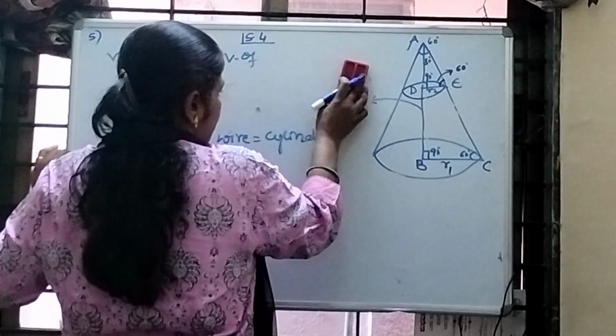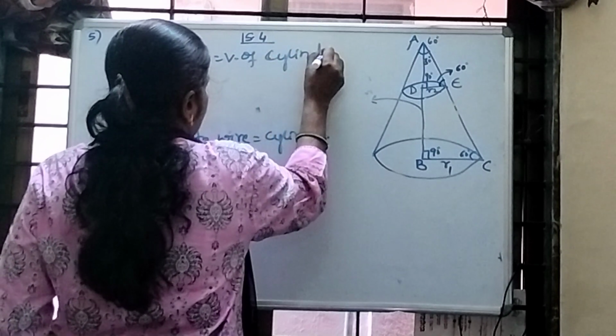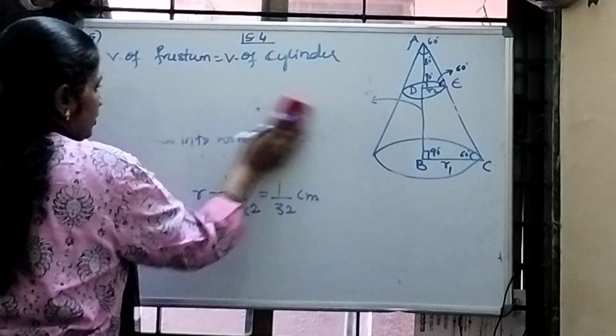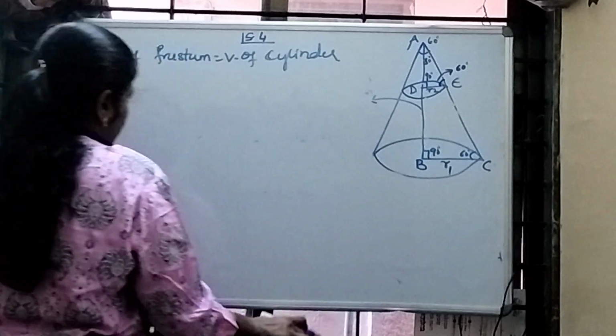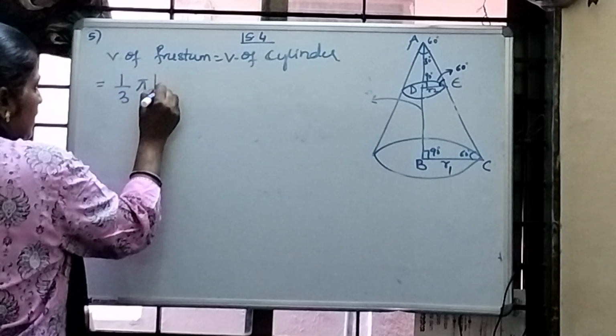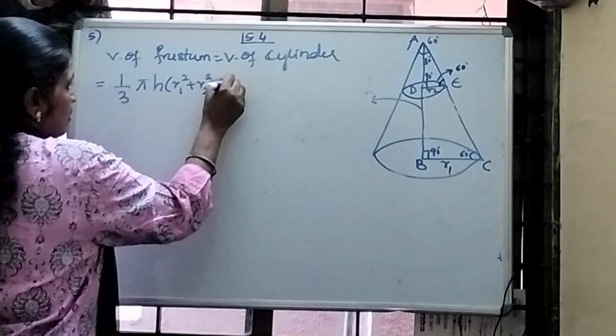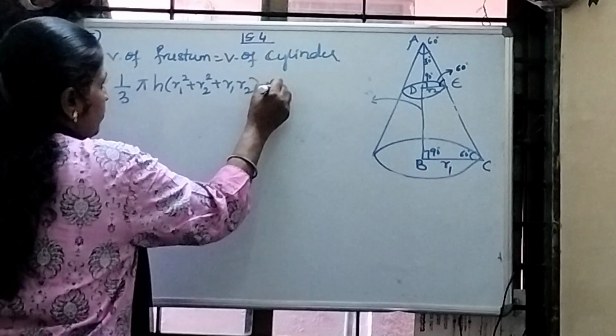The formula for volume of frustum is 1 by 3 pi h (r1 square plus r2 square plus r1 into r2).